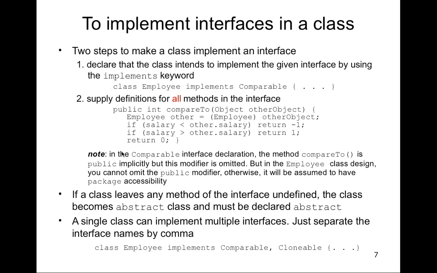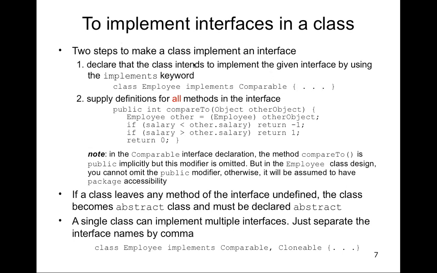To implement interfaces in a class, here's the example. We use the word implements, and we string them. This is only one. We can go implements Comparable, comma, XYZ, comma, ABC, comma, and so forth.